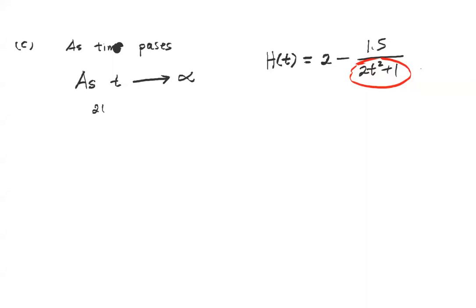What happened to 2t squared plus 1? It approaches infinity, correct? So after I discuss that part, then I discuss this part. What happened to 1.5 divided by infinity?